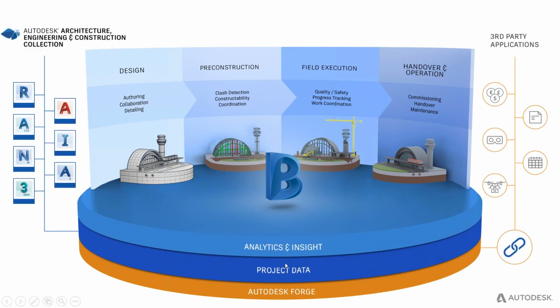And you can connect to this project data through Desktop Connector using the AEC Collection. We also have a layer called Autodesk Forge, which enables third parties, or of course resellers like PROCAD, to add additional functionality tailored to your needs.